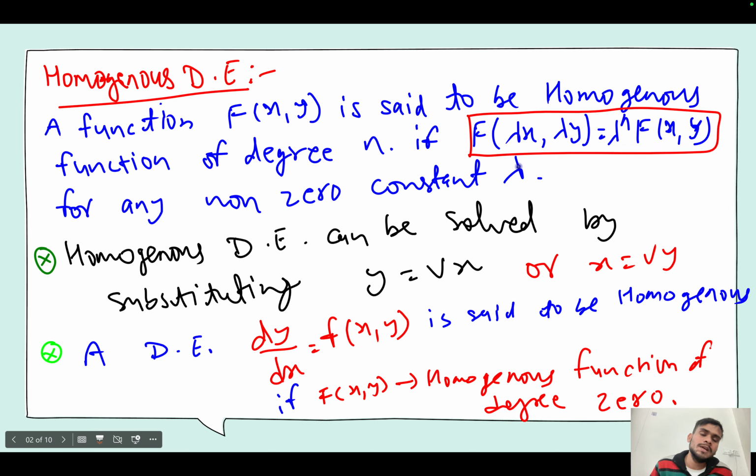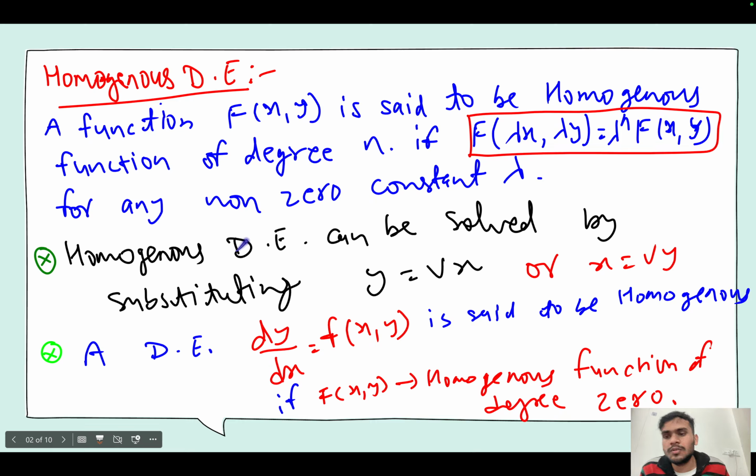It means we take a given function and put λx and λy in it, and then we separate out the λ. Whatever the power of λ is, that will be the degree of that homogeneous function.